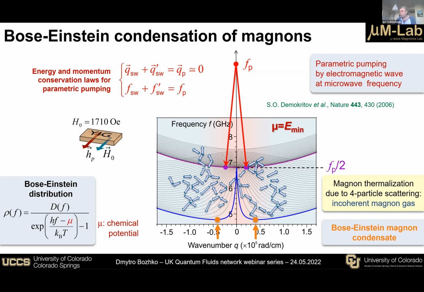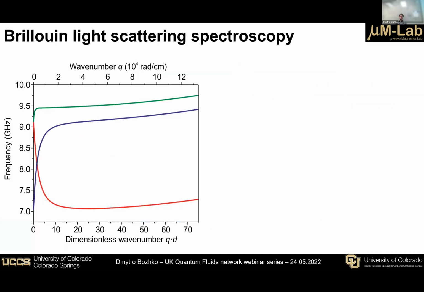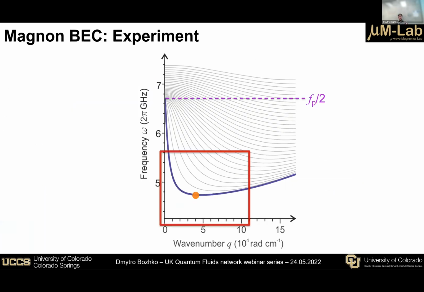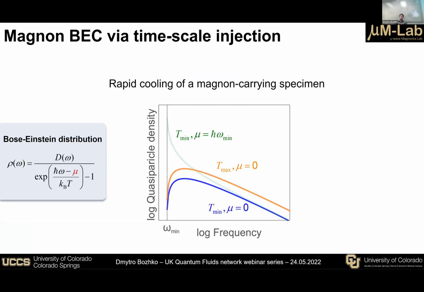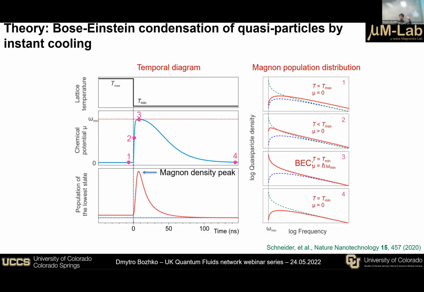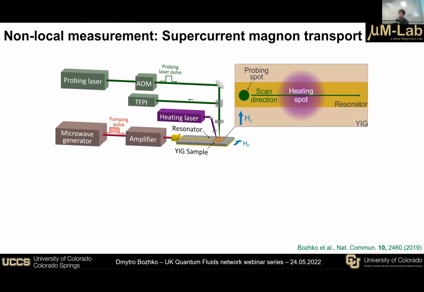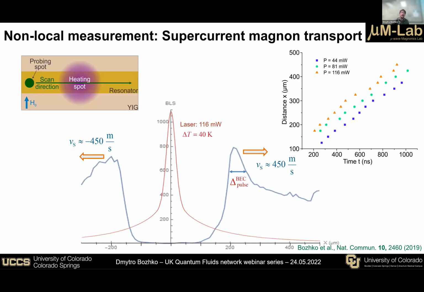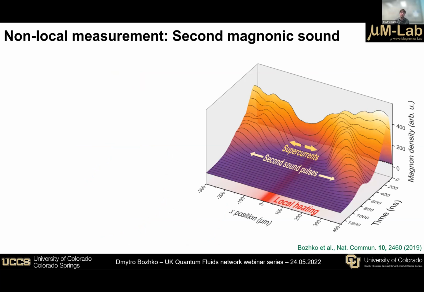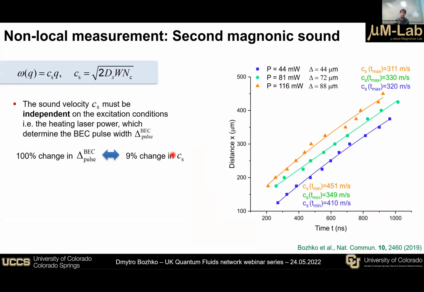All right, Igor has a second question. Yeah, a very short question. You said that the magnon velocity is 300 meters per second in your system. Is it correct? The condensate second sound, the excitation of the condensate, is about 300. It varies with the magnon density, of course. So if we go from the beginning of the formation of those pulses, we have 450, but at the end it's 300 meters per second.